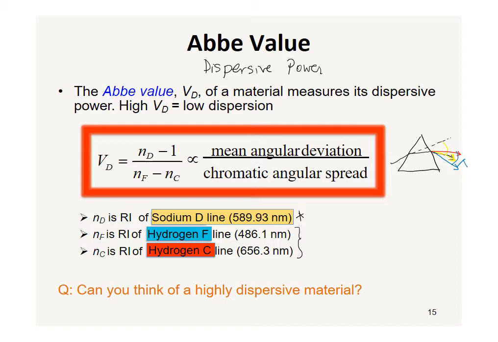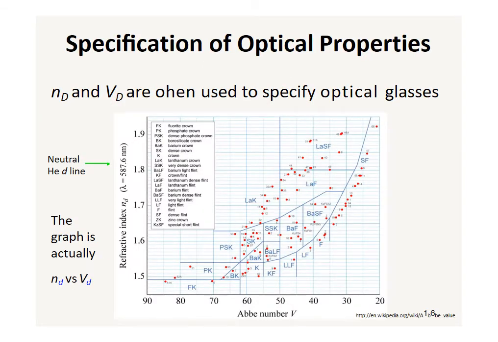So that we can call our delta D. So it's that ratio that we're looking at. So as I mentioned, you can look up tables and graphs to find the mean refractive index. So this can be, as I said, either 589 or 587 nanometers, and the Abbe value, which tells you about its dispersive power, and you can use that for finding appropriate glass for whatever problem you're working on.